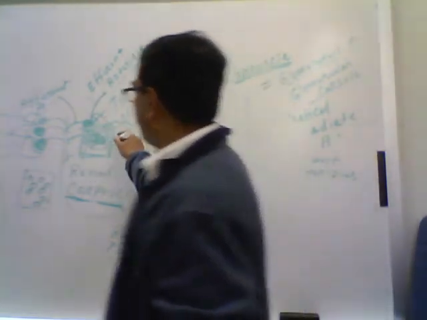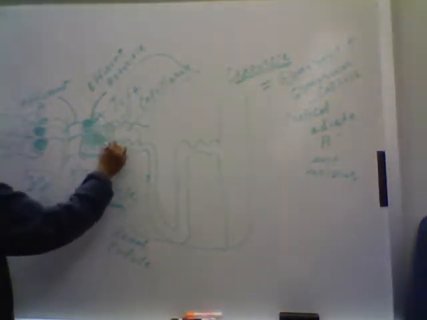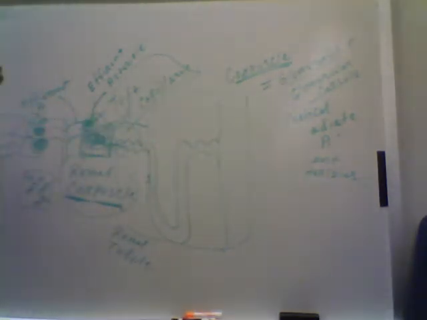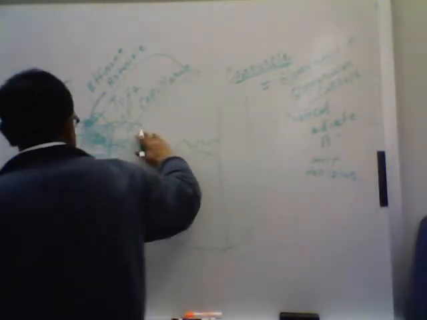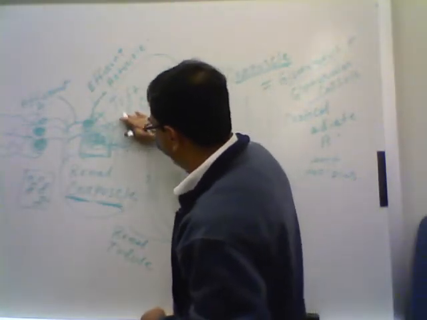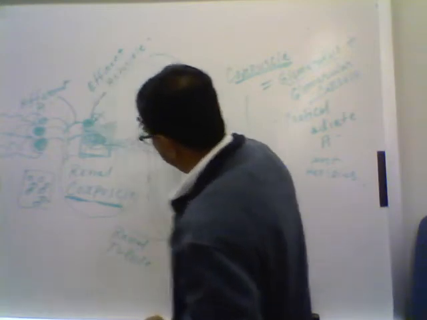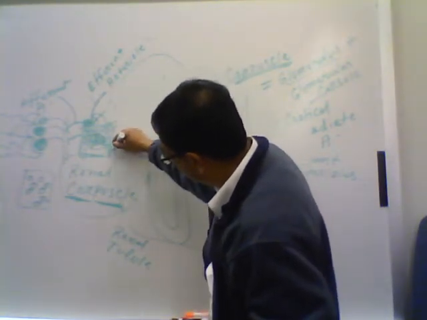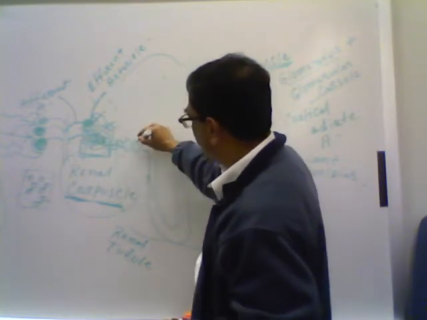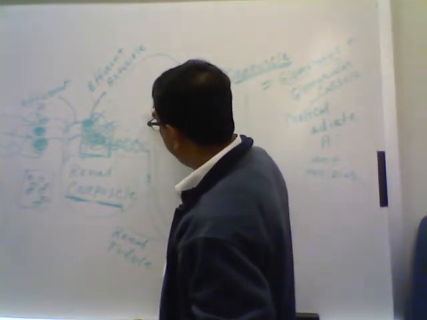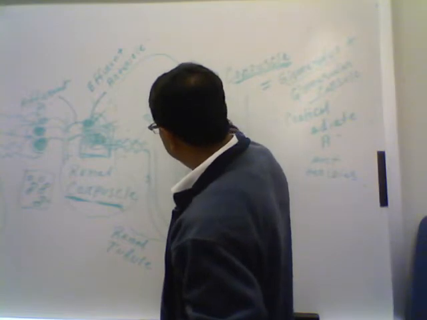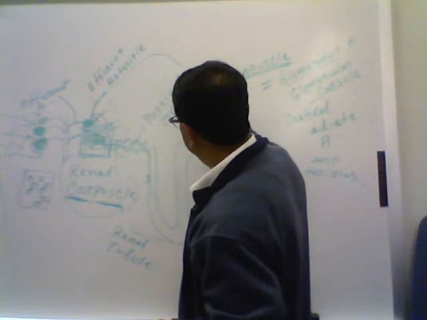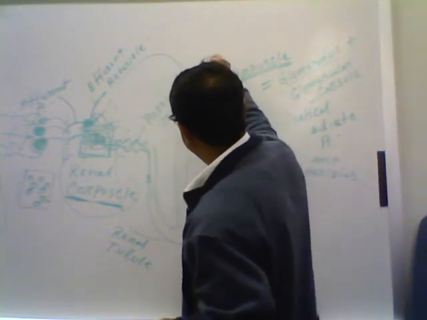And then the fluid will start to move through the tubular part, the tubule. Now we'll see the parts of that renal tubule. The first part of the tubule is convoluted, not straight. That's why it is called the proximal convoluted tubule.